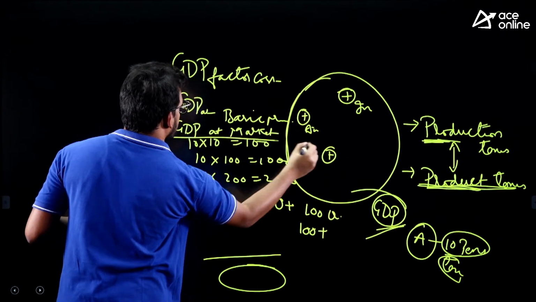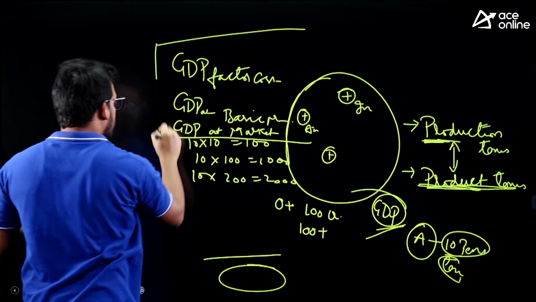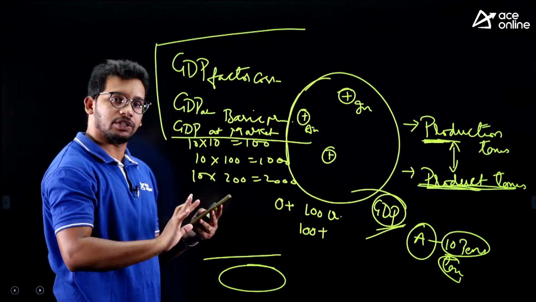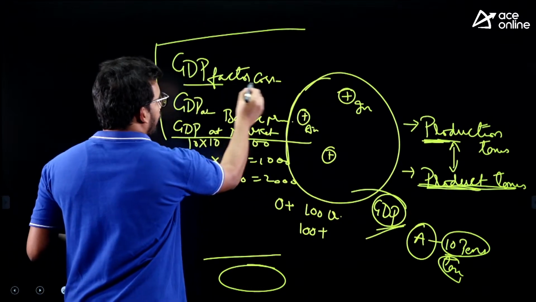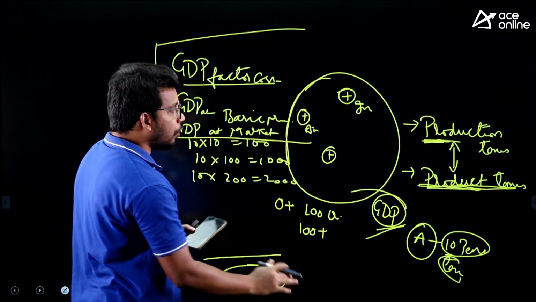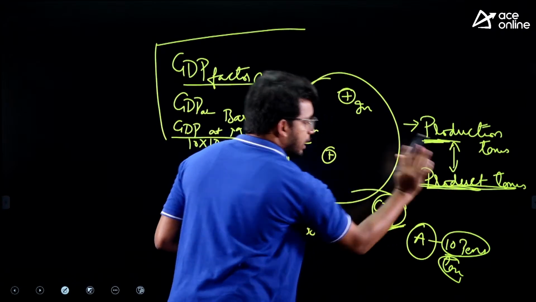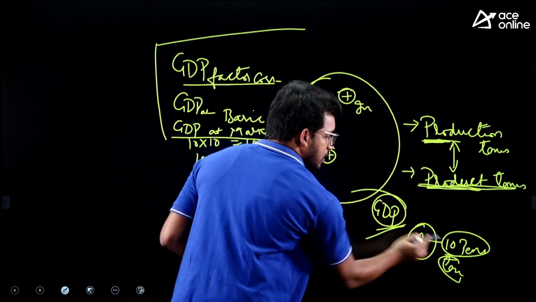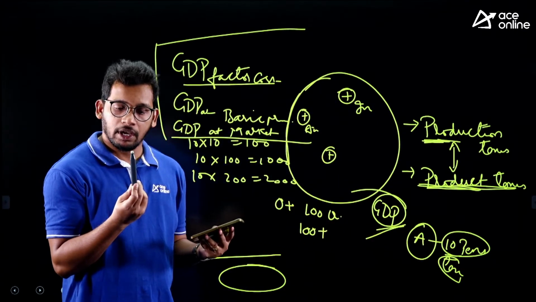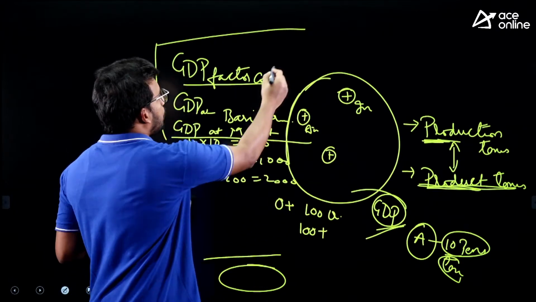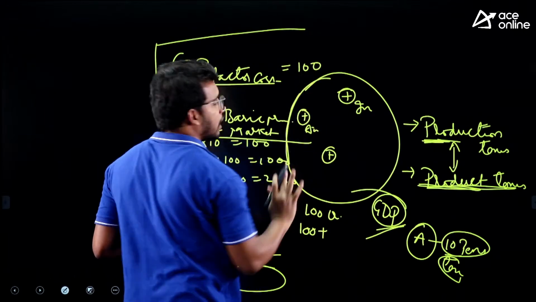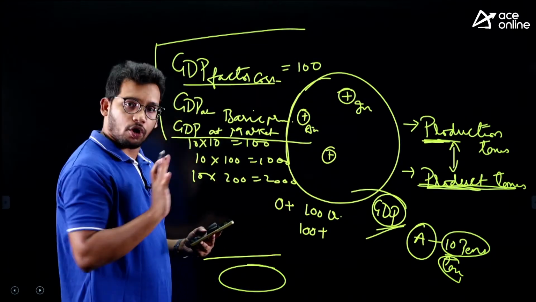GDP is the total value of goods and services I produced in the economy. GDP at factor cost means without any production tax or product tax. For example, 10 pens I have produced as a company, and the cost I incurred was 10 rupees per pen. So the 100 rupees I produced is called GDP at factor cost.